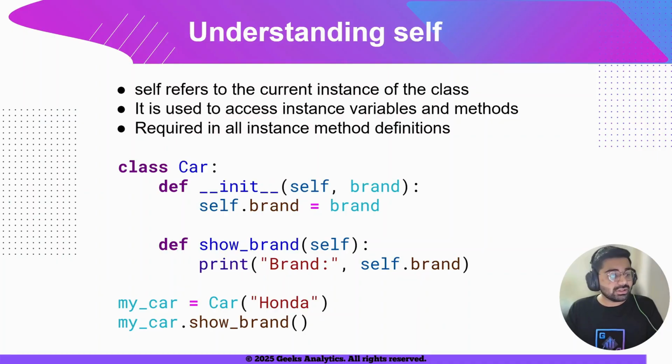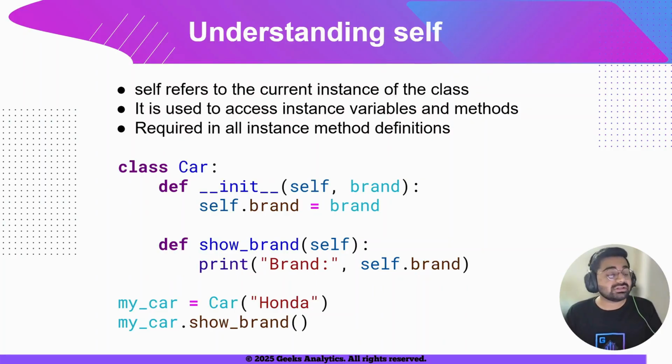Now, we're just trying to understand the importance of self here. As I said, self refers to the current instance of the class. Without self, Python won't know which object's data we are referring to. It's how an object keeps track of its own data. Every method in the class, like the init method, operates on an object and must take self as its first parameter.